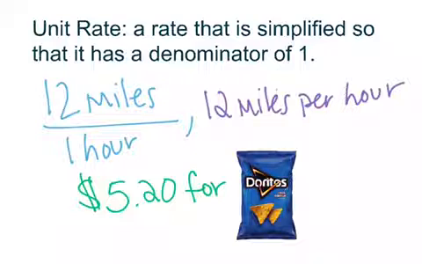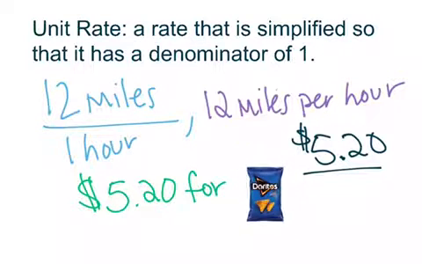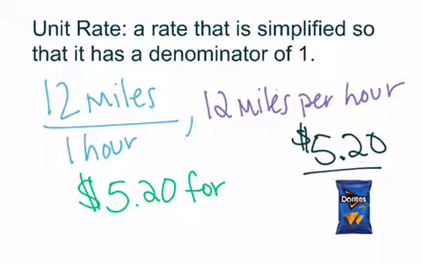A unit rate is a rate that is simplified so that it has a denominator of 1. So like 12 miles for every 1 hour, or 12 miles per hour. Or it's $5.20 for 1 bag of Doritos. So it would look like $5.20 over 1 bag of Doritos.